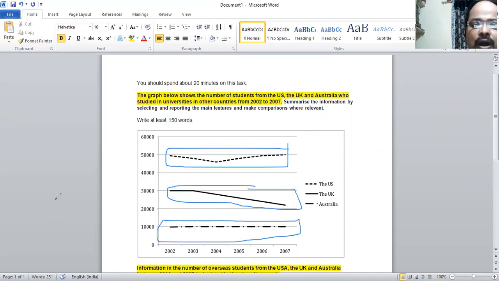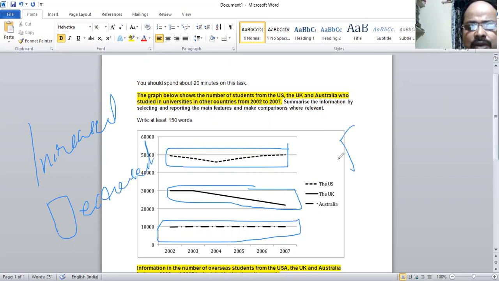In a movement chart, we are supposed to use change vocabulary, that is, increased or decreased or fluctuated. We can say it was constant too.